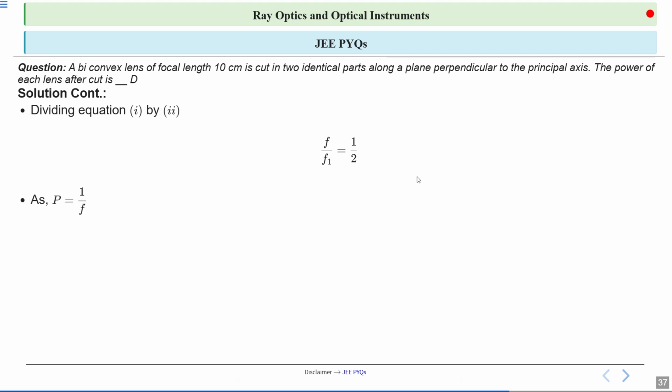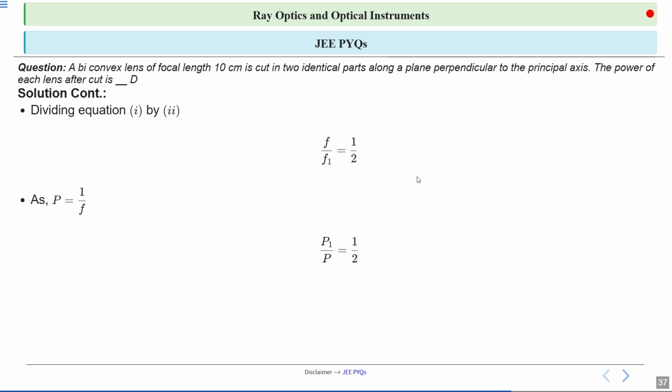So next we use the formula for power, P equals 1 upon F. This formula is key because it directly relates the focal length to the power of the lens. By substituting this expression of power into the above expression, we find P1 upon P equals 1 upon 2.